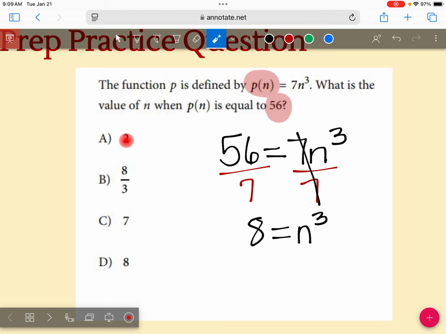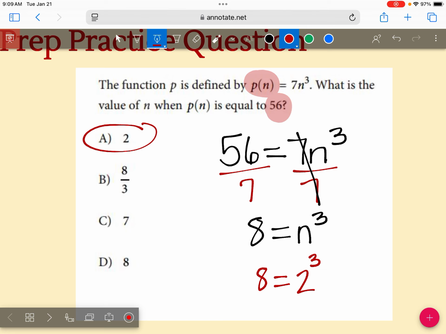Or 2 times 2 times 2 equal to 8. So which one would you choose? Anybody? 2. Good job. Because we know that 8 is the same as 2 to the power of 3.